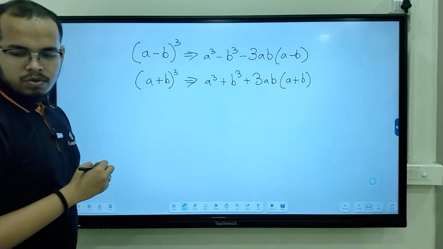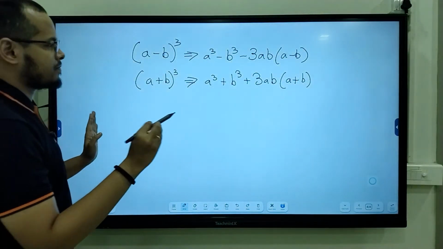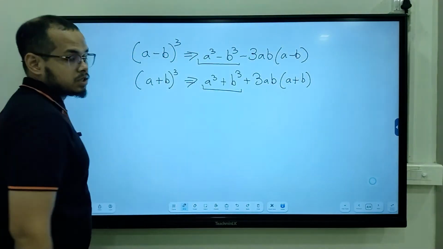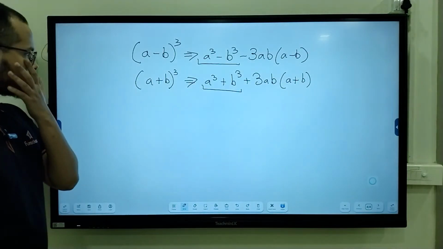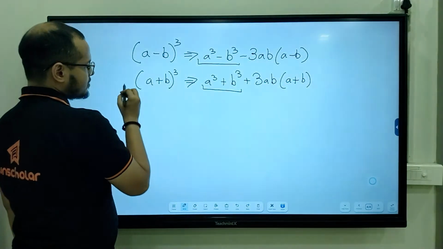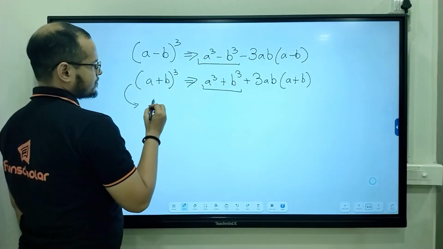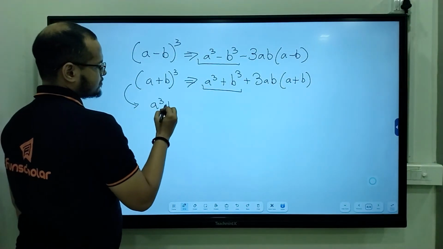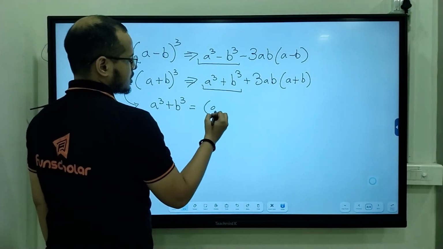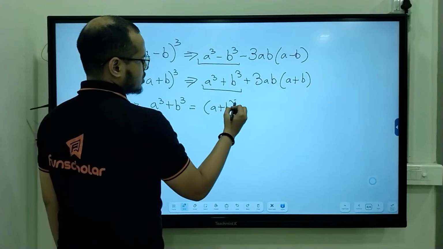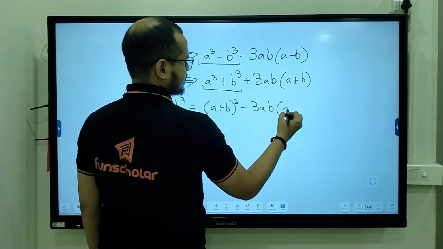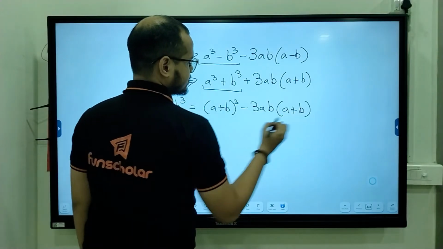Now if we want to make a cube plus b cube and a cube minus b cube the subject of the equation, what shall we write? Let me do it for this particular equation. So a cube plus b cube is equal to (a plus b) whole cube minus 3ab(a plus b).